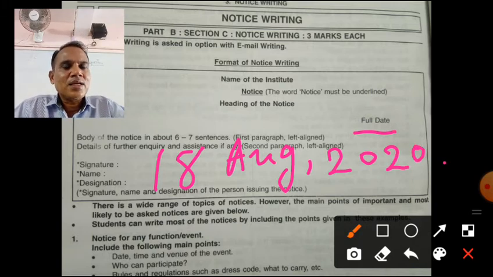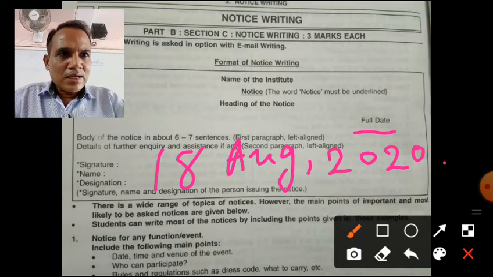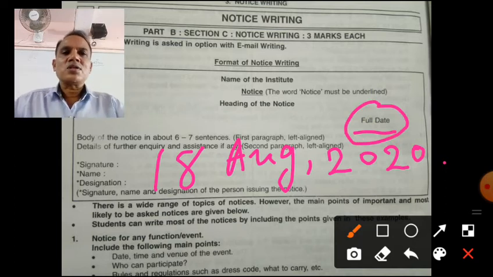Write the date in full with the year. First the date, then the name of the month, followed by a comma, then the year, full stop, and write it at the right side of the notice.